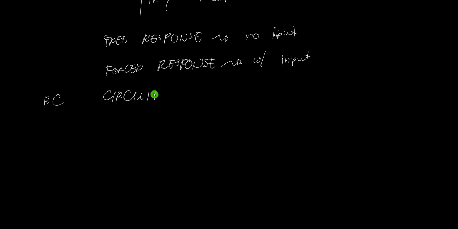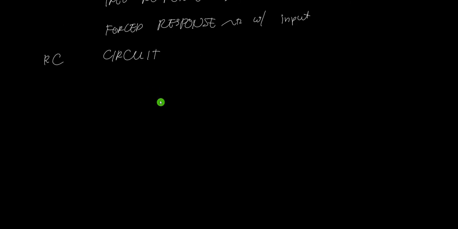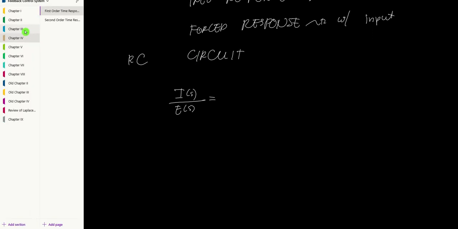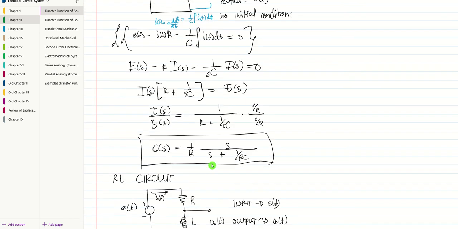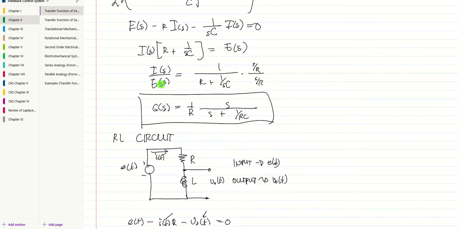We already derived the transfer function of this, if our output is the current and our input is a voltage E. If we go back to our discussions of transfer functions for the RC circuit, our transfer function is just equal to 1 over 1 times S. Just copy this.